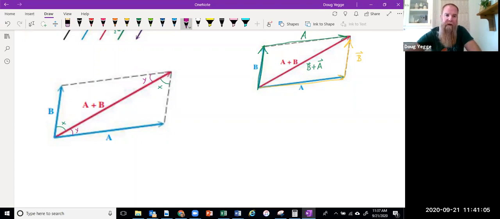But keep in mind that we actually have two separate triangles technically here.